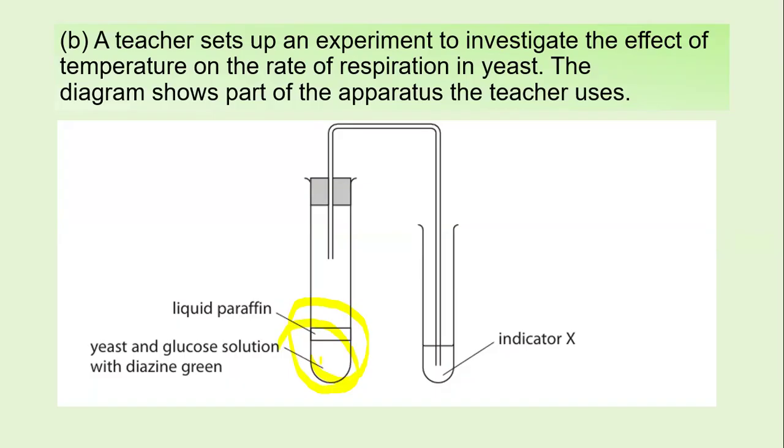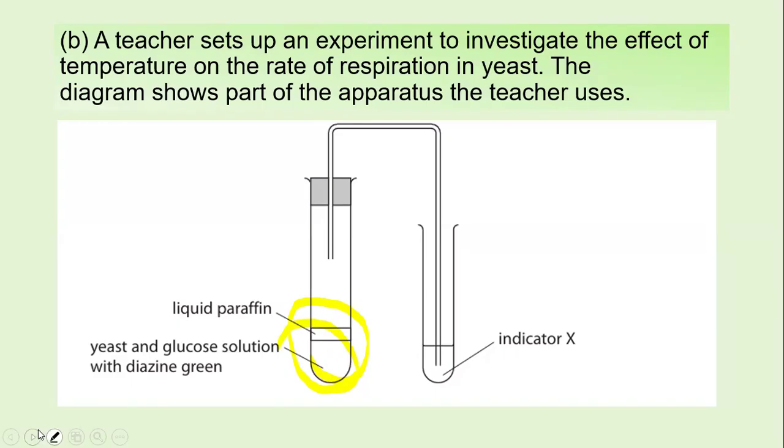In order to change the temperature, we have to use a Bunsen burner or a water bath to heat this solution. So we need a water bath or Bunsen burner.